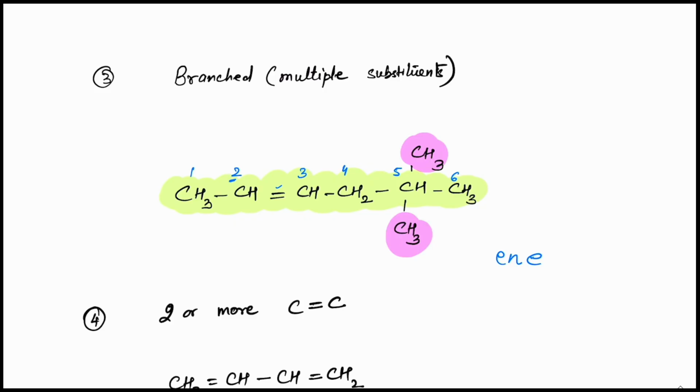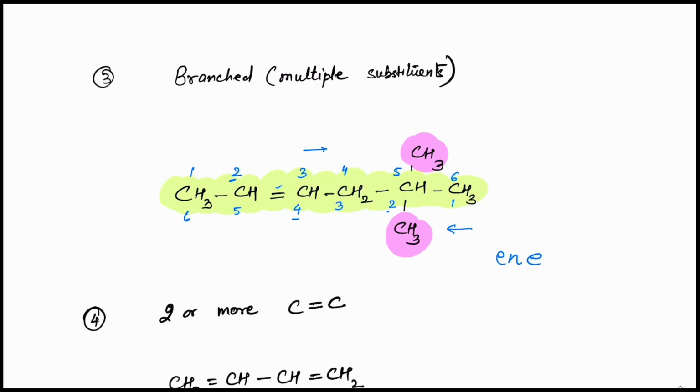And if you number from right to left, the substituents will be at carbon atom 2 and the double bond will be at carbon atom 4.